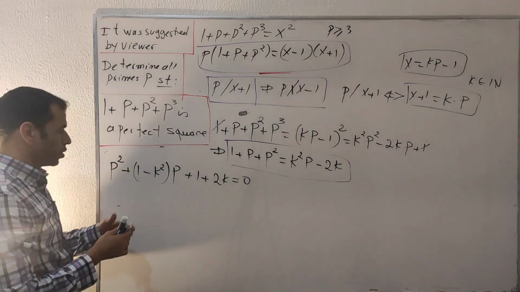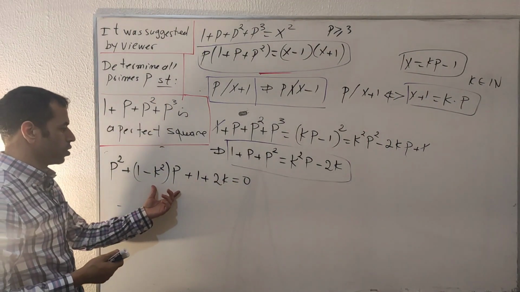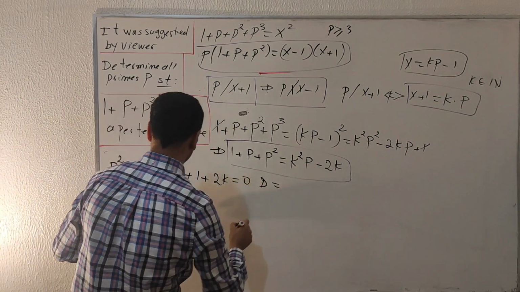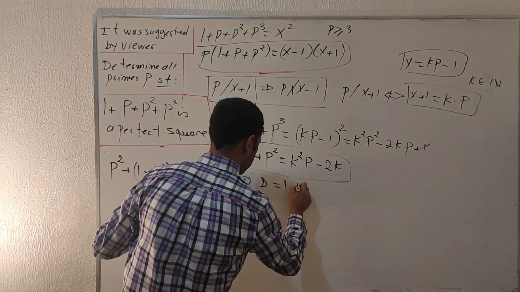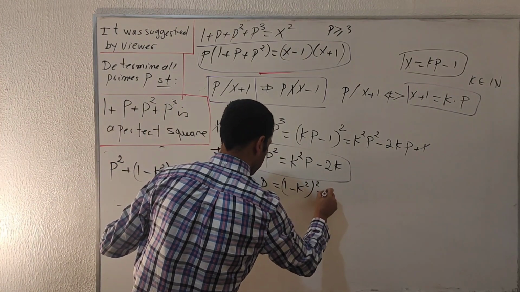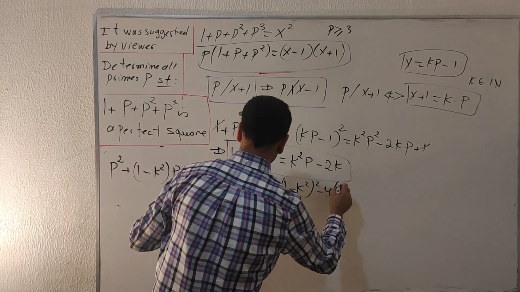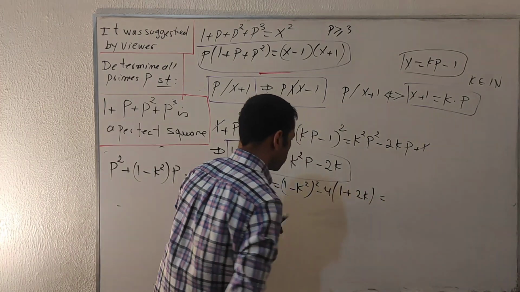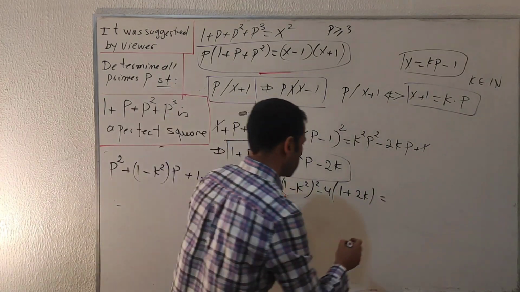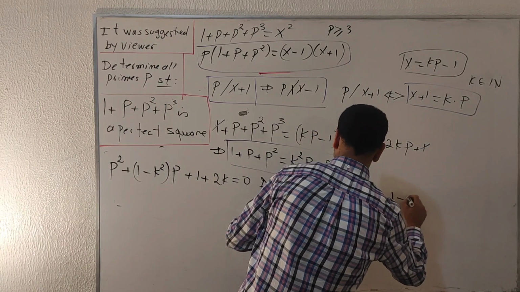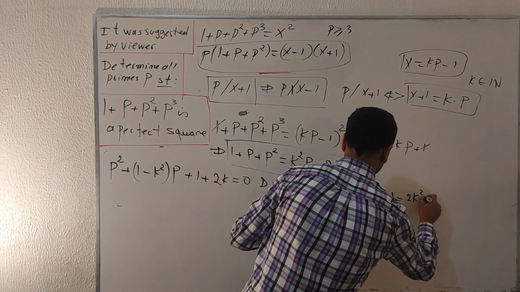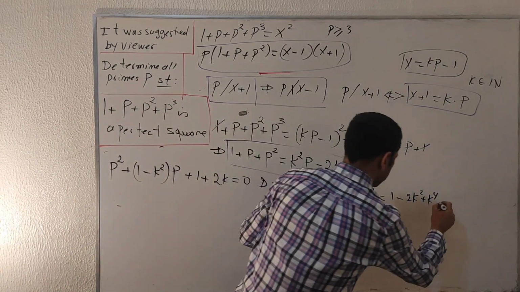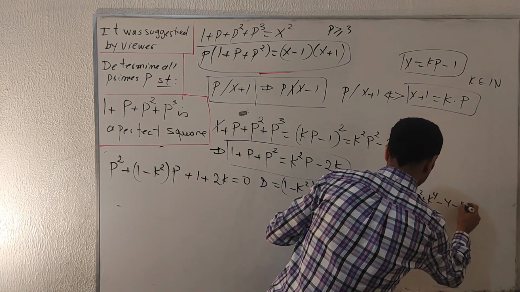Now we are going to calculate the discriminant of this one, which is delta. So we get delta equals (1 minus q squared) quantity squared minus 4 times (1 plus 2k). By simplifying this, I get 1 minus 2 times q squared plus q to the 4th, minus 4 minus 8k.